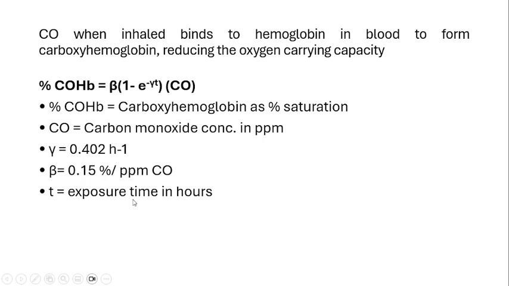Here you will be asked to find the percentage of COHP where the CO concentration and time are given, or the CO concentration and percentage are given and the time will be asked in your exam. So of these three parameters, any one will be unknown. Like this, we will be having some problems.